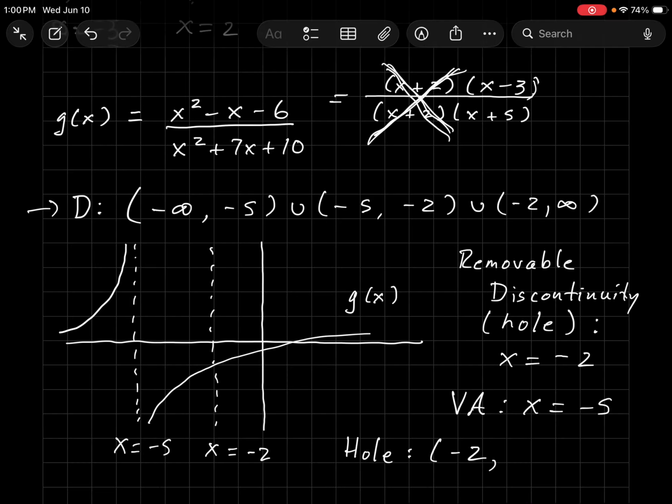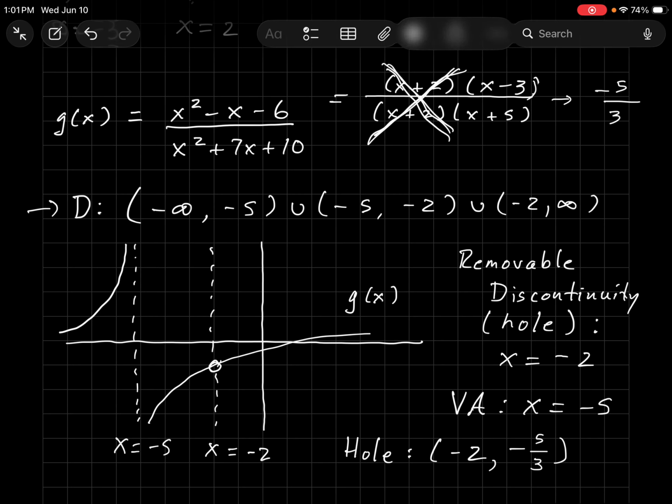That is, if I plug in x equals -2 into what's left over, I get -2 minus 3 over -2 plus 5. And that's the g, or the y value, of the hole.